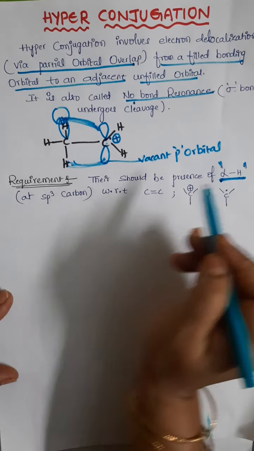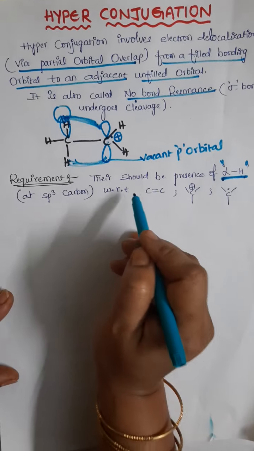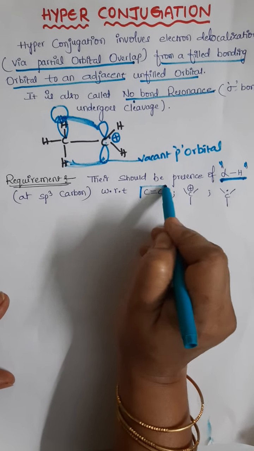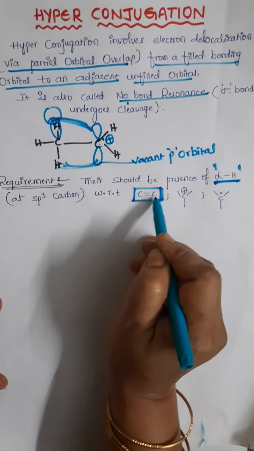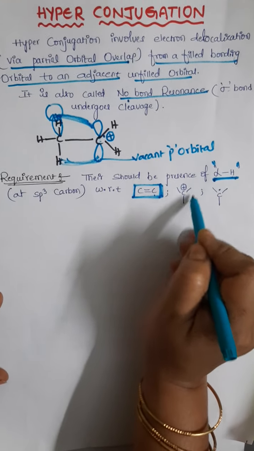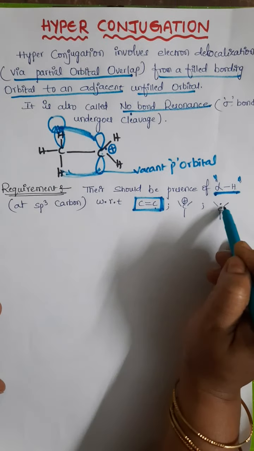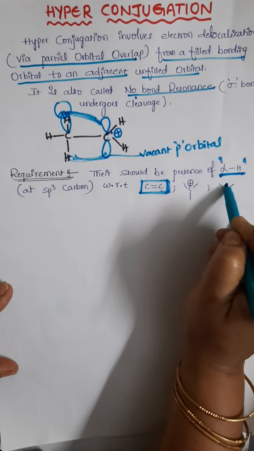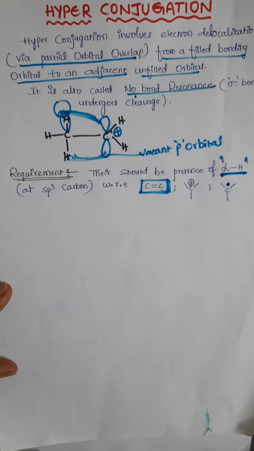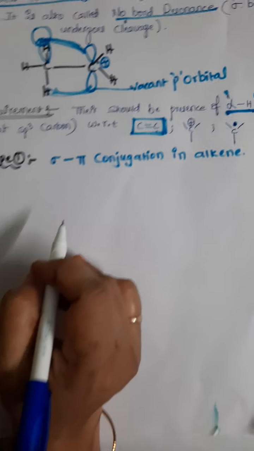That alpha hydrogen atom is present at an sp3 hybridized carbon, with respect to the reference point, which is C double bond C, or a carbocation, meaning carbon attached with three bonds and a positive charge, or a carbon with an odd electron, called a radical. Let us see type 1 of hyperconjugation.